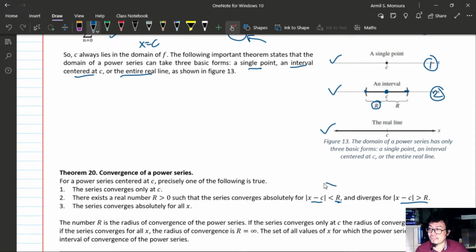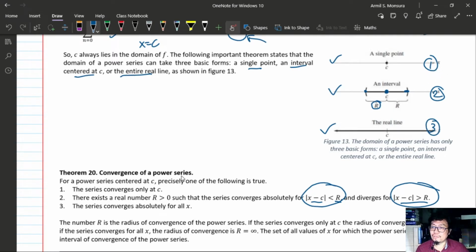Inside that interval, your power series will converge, and outside that interval, your power series will diverge. So that's the second possibility. The third one is that the series converges absolutely for all x. So it means that it covers the entire real line.